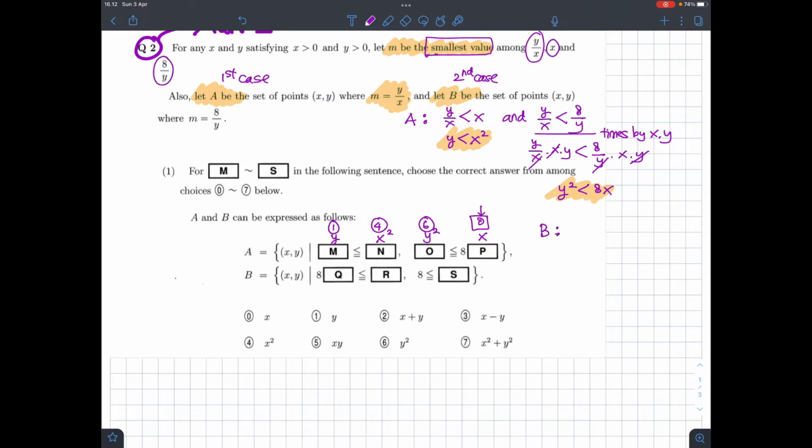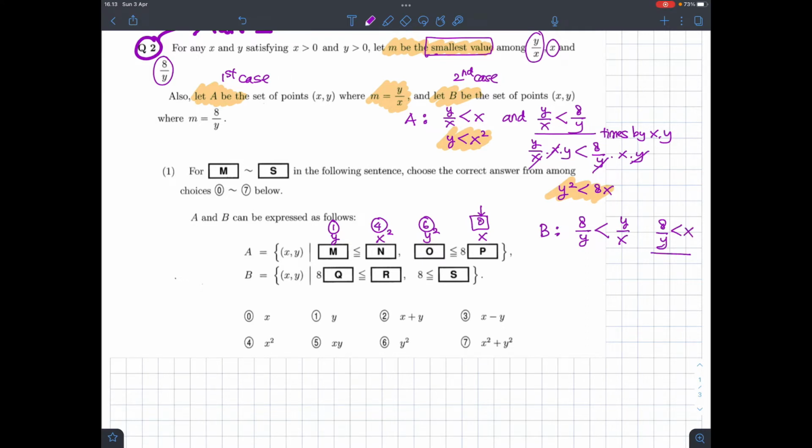In case B, they say the value of m will be taken from 8 over y, so this is the minimum compared with the other two, this one and this one, because the value of m is the smallest value. So for case B, m equals 8 over y only happens if 8 over y is less than y over x, or 8 over y is less than x. Do the same thing as previously.